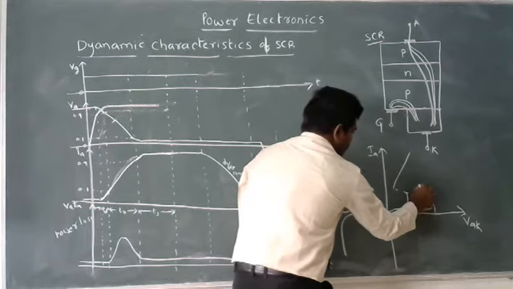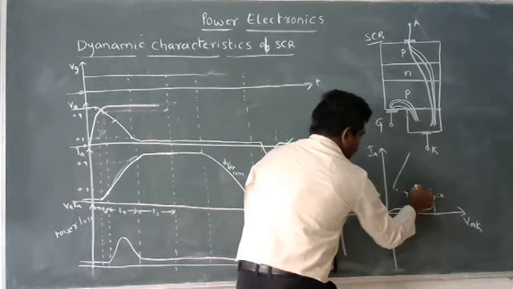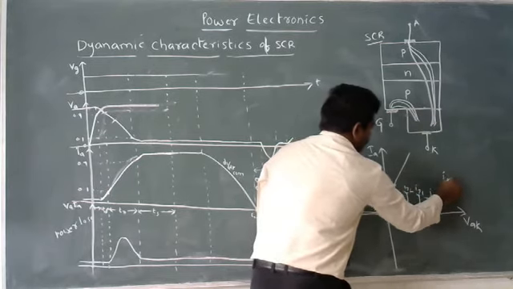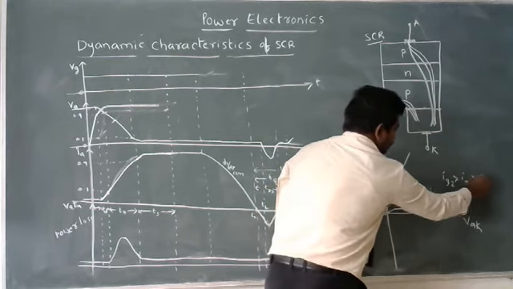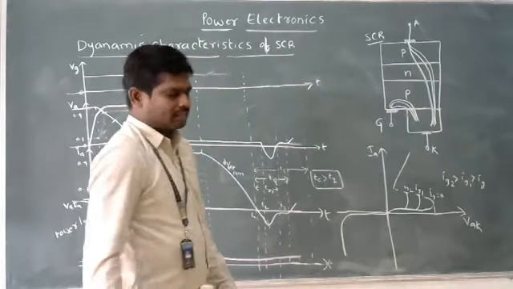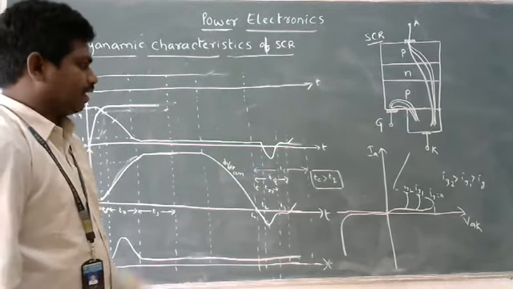This is where Ig equals 0. This is Ig1, this is Ig2. So here Ig2 is greater than Ig1 is greater than Ig. Like this we already discussed the static characteristics of SCR.